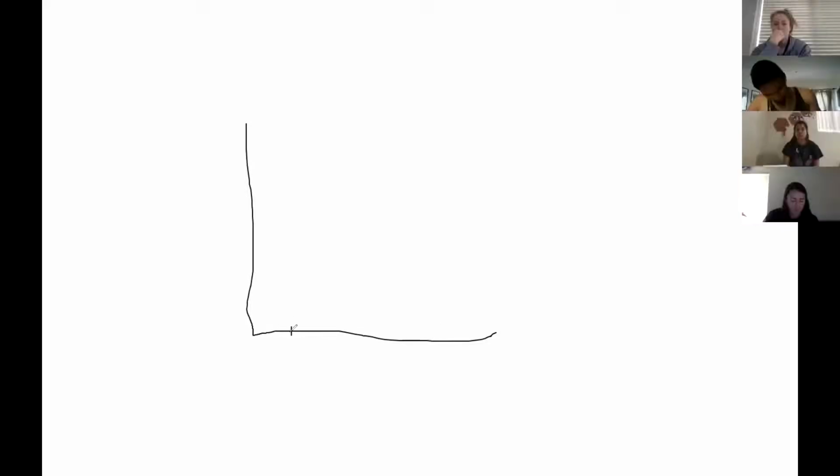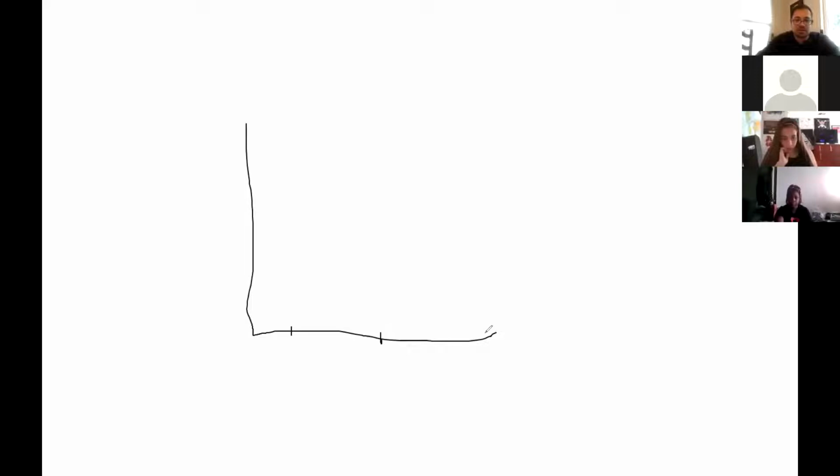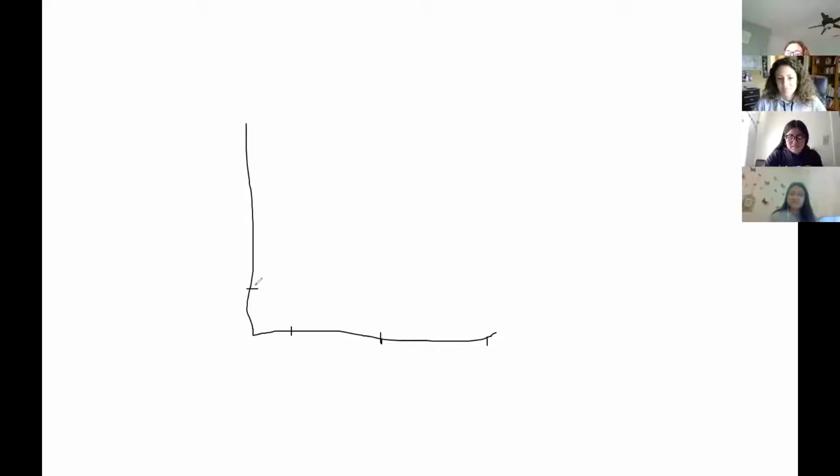So we go down like this, and down this way, and low, medium, high. Low, medium, high also here. So on this side, wait, this was hemoglobin saturation, I think. We're drawing the Bohr effect. Yeah, so what goes on the y-axis?